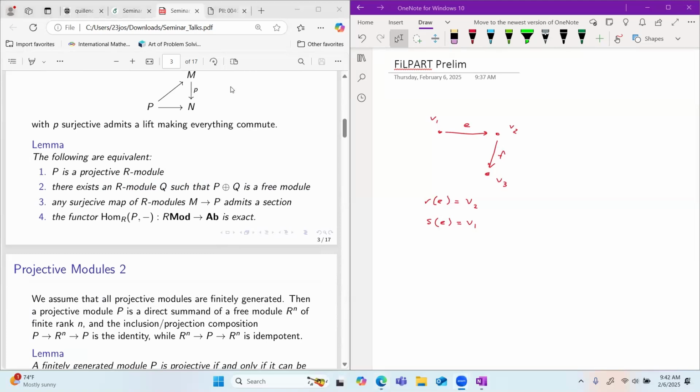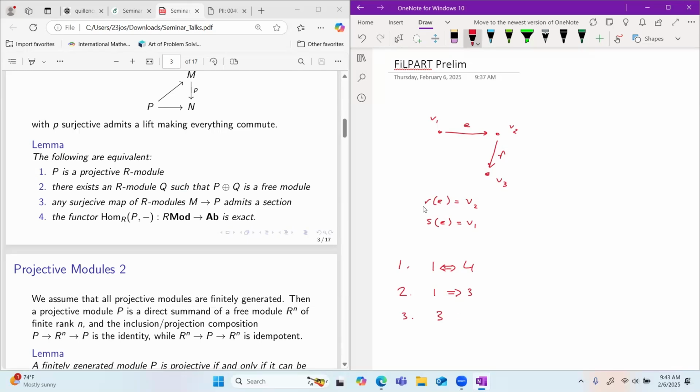If you want to have a turn, the way I recommend you do it is first show that 1 and 4 are equivalent. Second, what would you do second? I guess 1 implies 3. That's a pretty obvious one if you spend some time thinking about it.